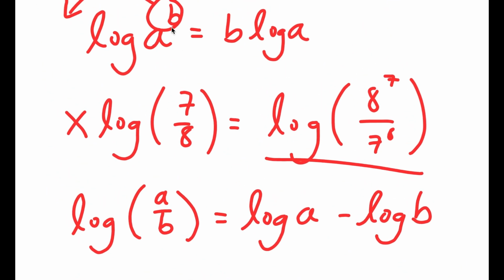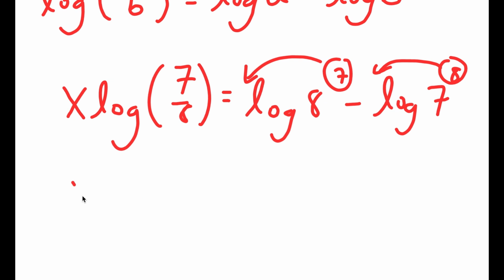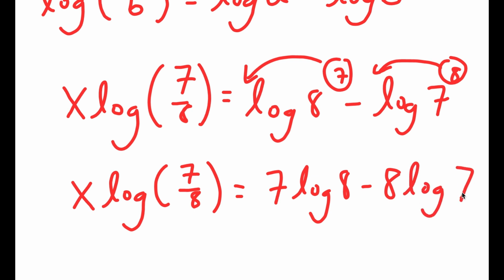Now I can use this property once again and move 7 to the front as well as 8 to the front. So now I get x times log 7 over 8 is equal to 7 times log 8 minus 8 times log 7.